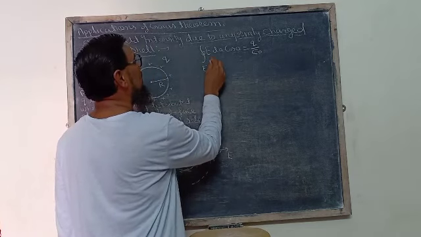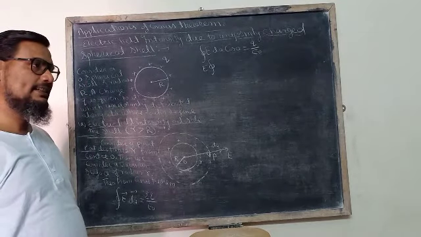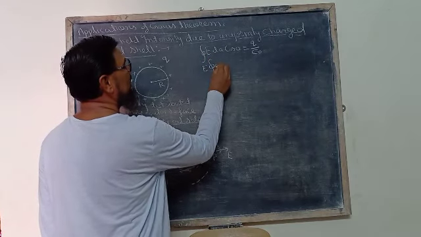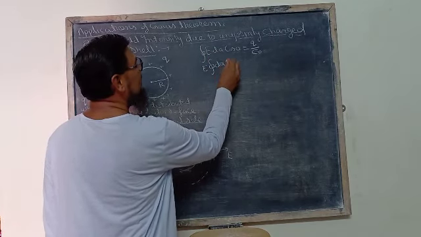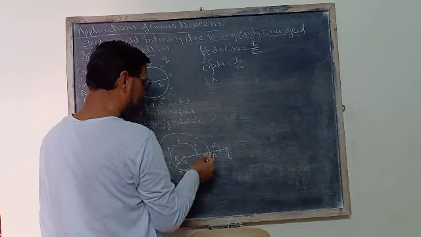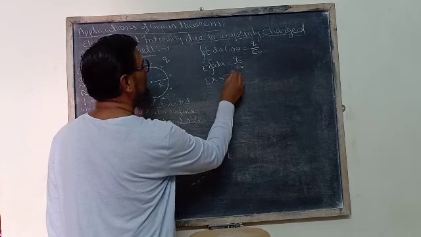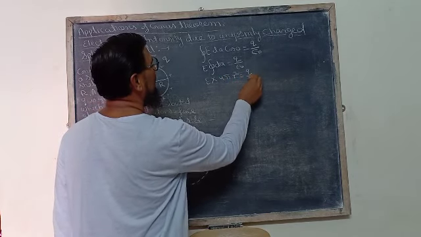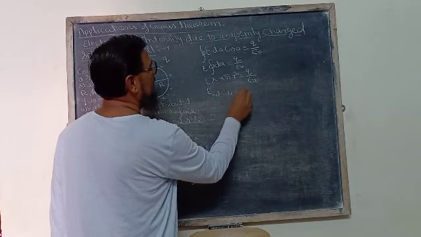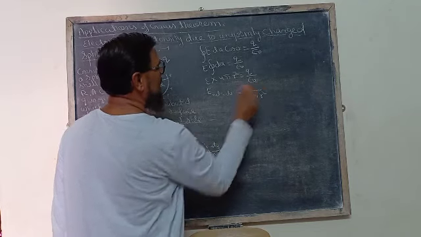E can be taken out because, according to the characteristic of a Gaussian surface, the electric field intensity is the same at all points. So it is constant and can be taken out of the integral, and integral dA is the area of the spherical Gaussian surface, 4 pi r square. So E times 4 pi r square is equal to q upon epsilon naught, or E outside is equal to q upon 4 pi epsilon naught r square.